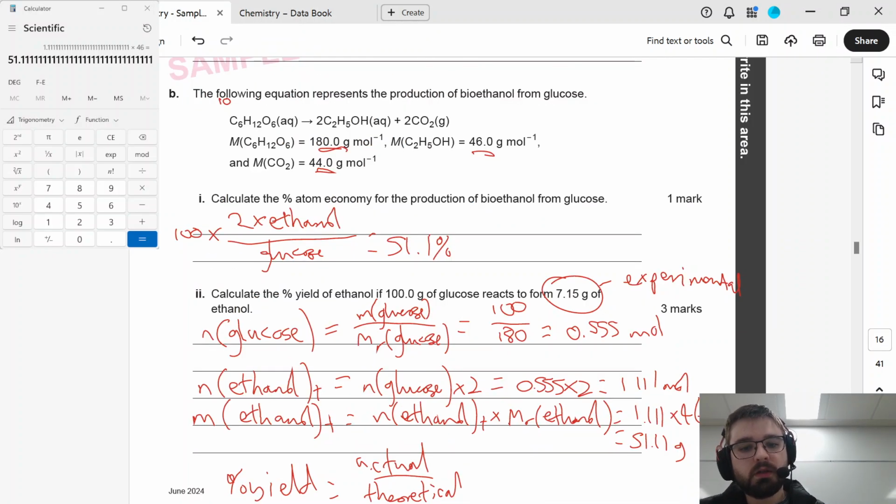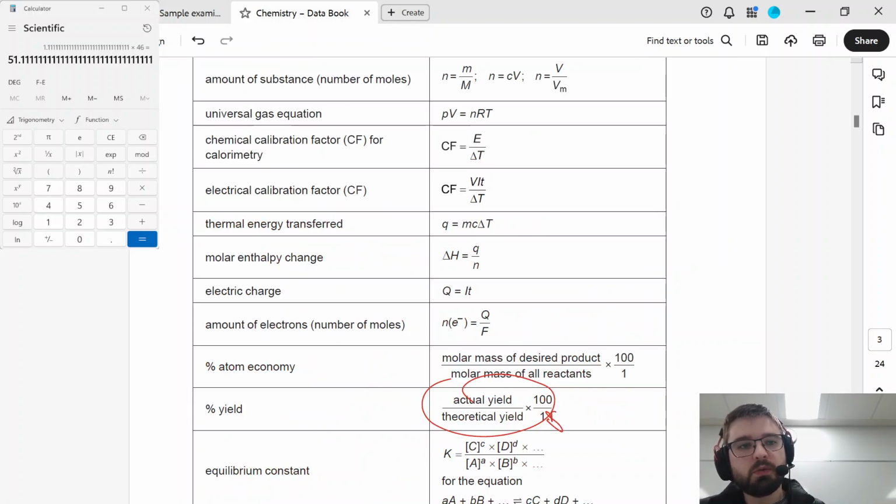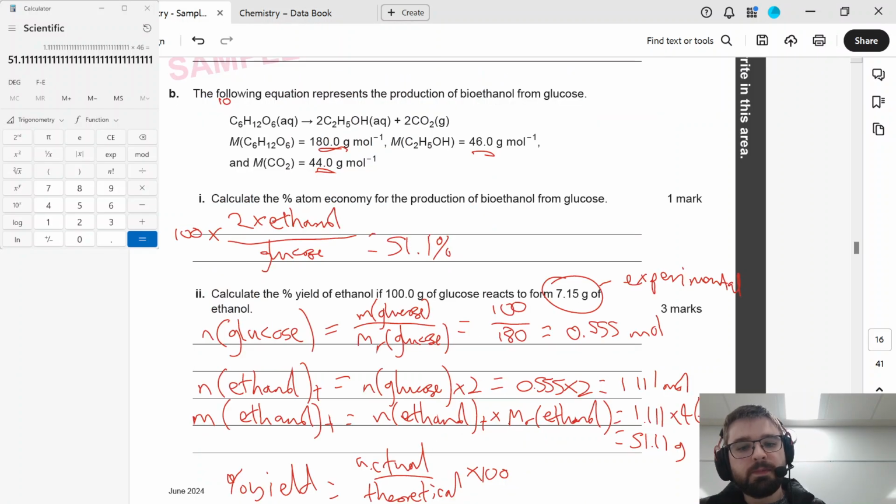Yes. 100 over 1, that's unnecessary. Anyway, it's going to equal 7.15 over 51.11 times 100.